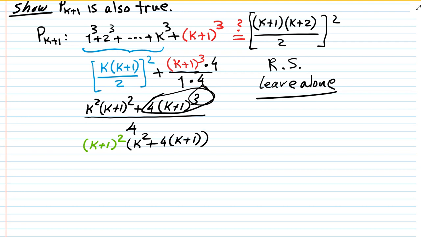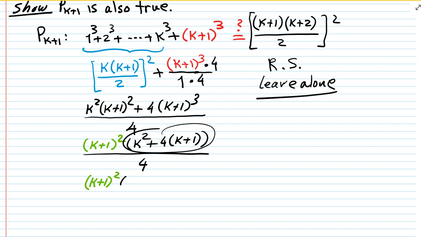I still have 1 factor of k plus 1 remaining, divided by 4. Now within parentheses, let me rewrite this one. And within parentheses right here, we're going to have k squared, distribute the 4, plus 4k plus 4, divided by 4.